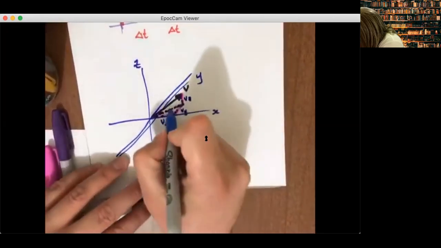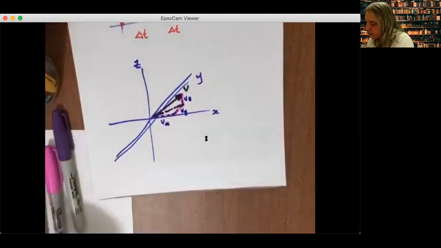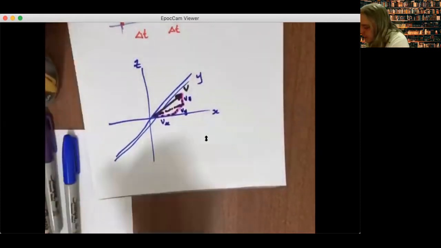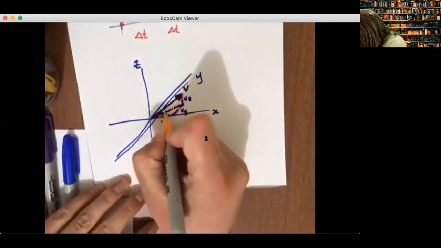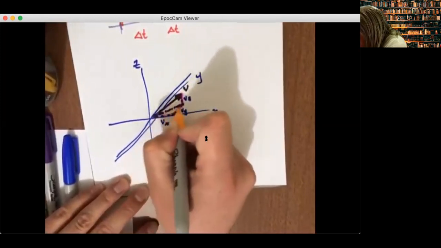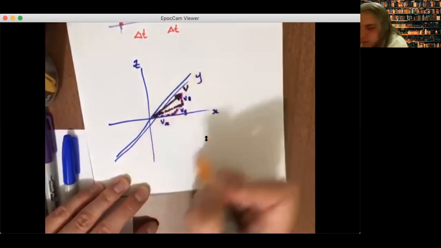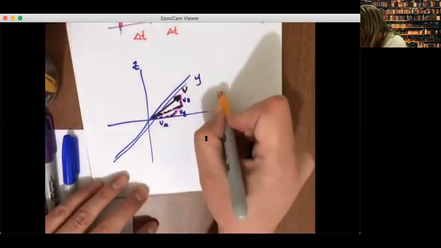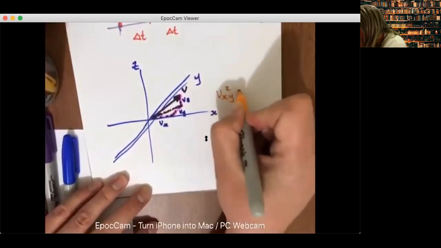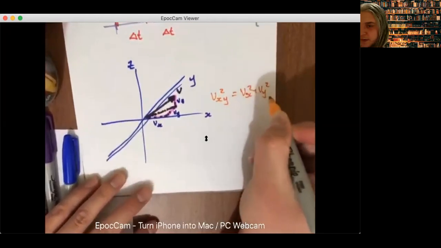This line through here, once you take Vx and Vy, we'll call that Vxy, and that's the length of that line there. So Vxy squared is equal to Vx squared plus Vy squared.